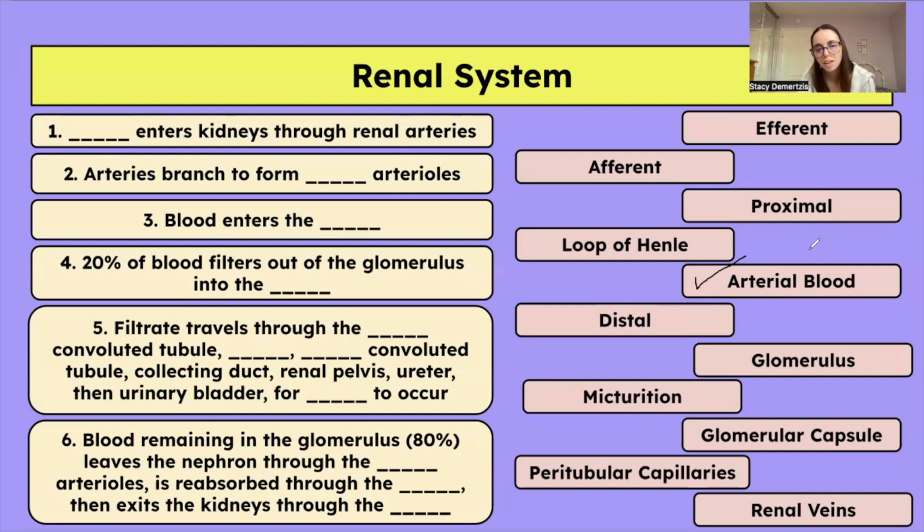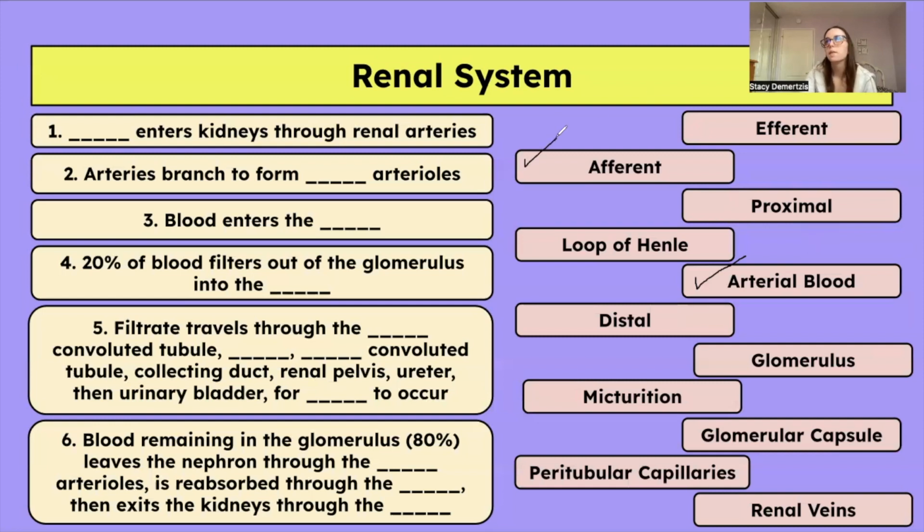Now, we're getting into the kidney, so imagine this blood going into the nephron. These arteries are going to branch to form a certain type of arteriole in respect to the glomerulus. Which type of arteriole is the first one? Afferent, yeah.